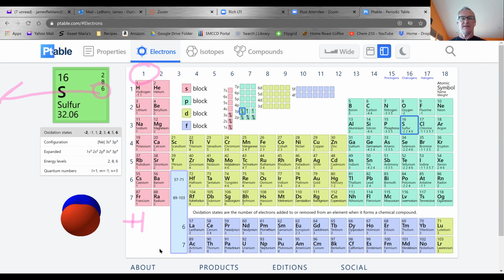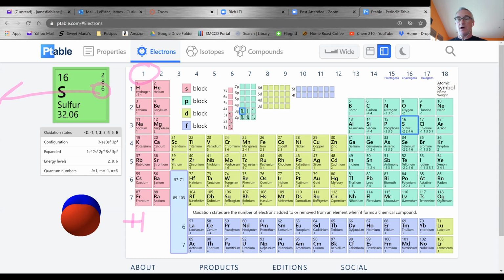But let's have a look. How many electrons does sulfur have in its outermost shell? 6. Now remember, I said the magic number is 8. Every atom, with the exception of hydrogen and helium and lithium and beryllium, but most all the other atoms want to get to 8. They want to have 8 electrons in their outermost shell because that's what argon looks like.